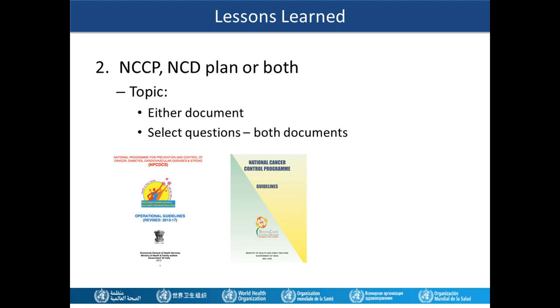The current WHO positioning is, as long as the National Health Plan has a strong element of cancer plan, then the need for specific elements of cancer or even cervical cancer as a subset wouldn't be required, as long as the key elements were mentioned in a document. What this meant is that it required reviewing 2, 3, or sometimes even 4 documents to assess whether or not a specific topic appropriately appeared within the national health strategies.